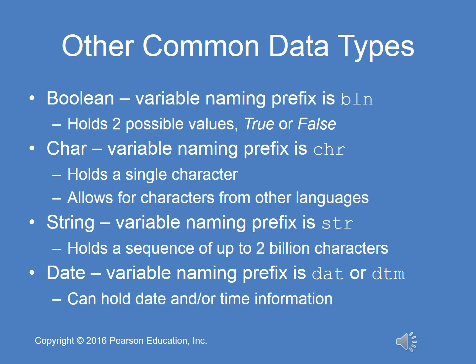Here we have some other common data types. A Boolean typically uses a variable naming prefix of BLN, holds 2 possible values, true or false, that's it. Char, variable naming prefix CHR, holds a single character.